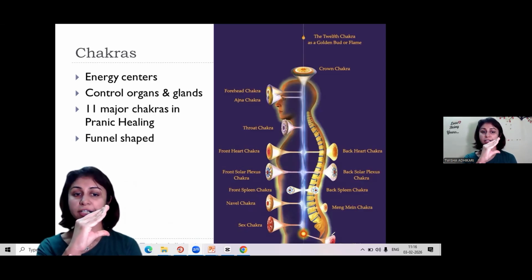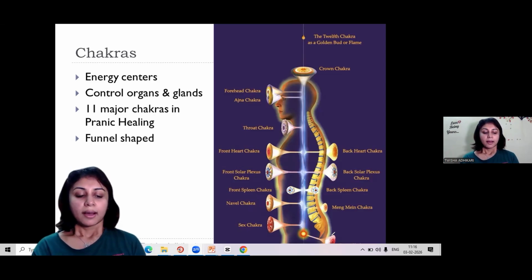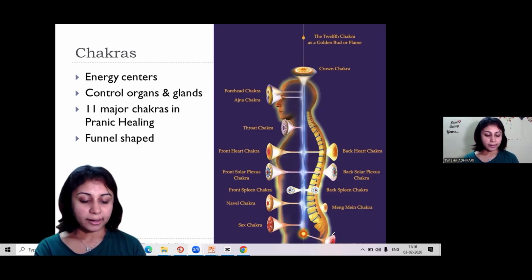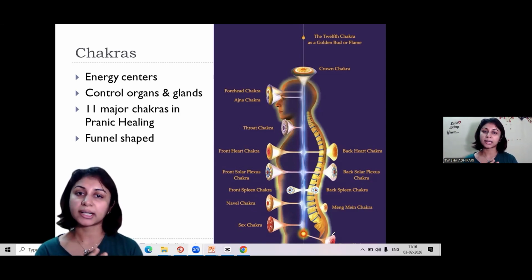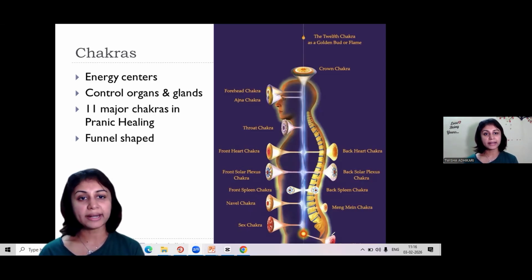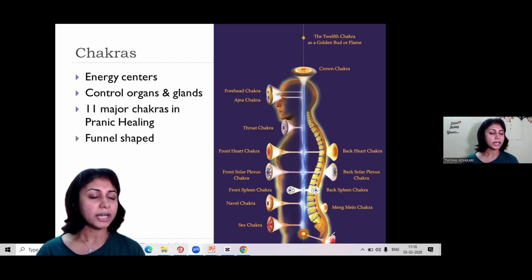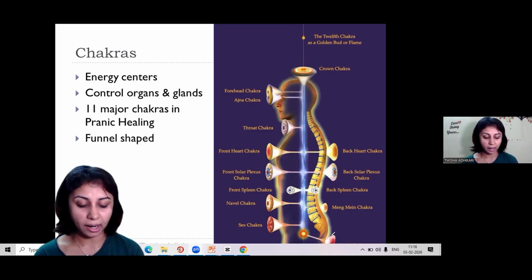It is funnel shaped. Now what happens is our basic chakra has 4 petals, okay. All the chakras have petals. Our basic chakra has 4 petals and it has red and orange pranas. It also contains a very minute amount of yellow prana.